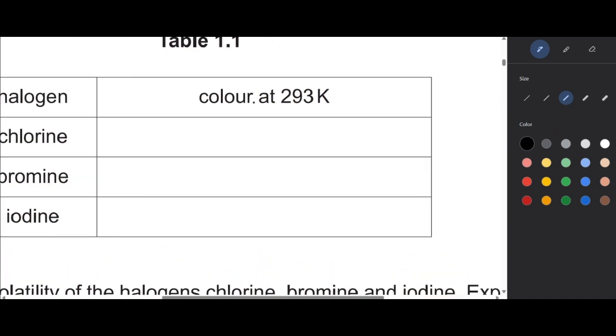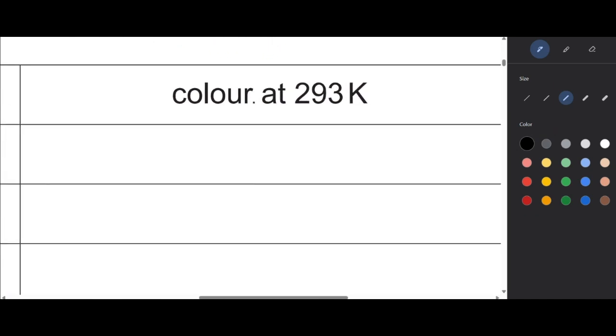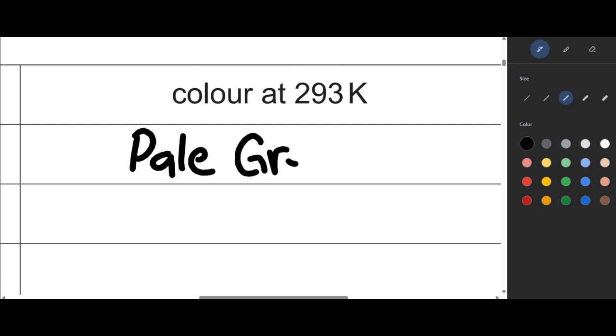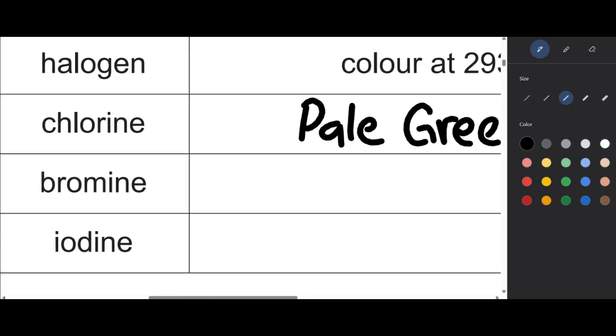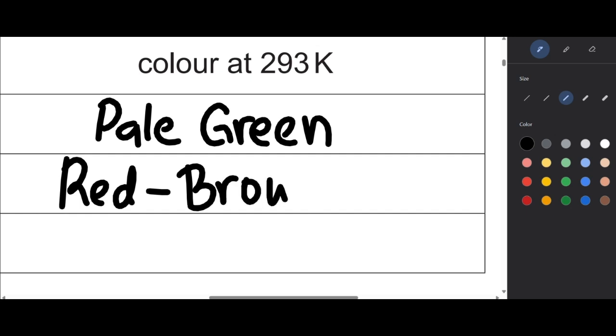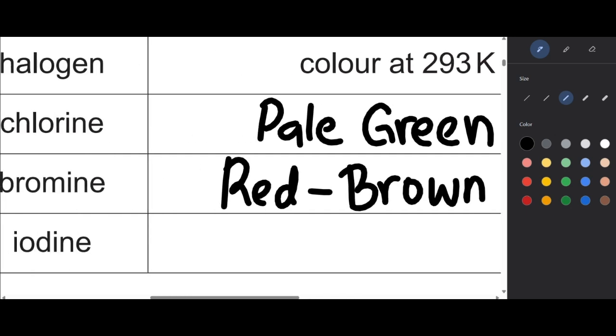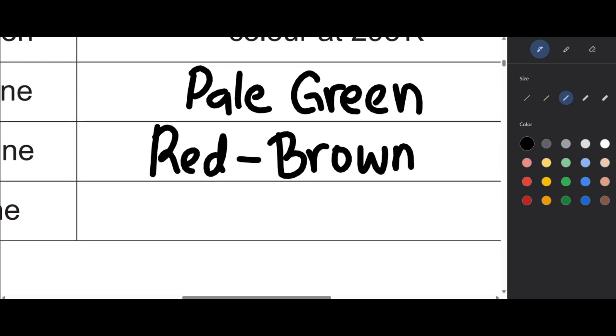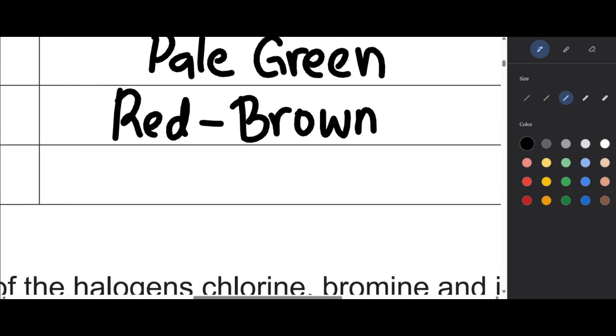So at 293 Kelvin, the color of chlorine is pale green, the color of bromine is red to brown, and the color of iodine at 293 Kelvin is dark purple.